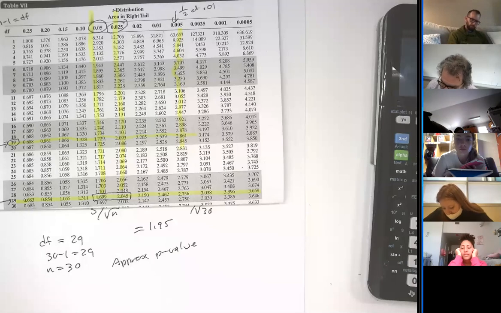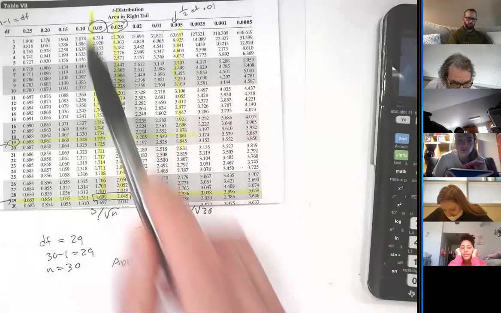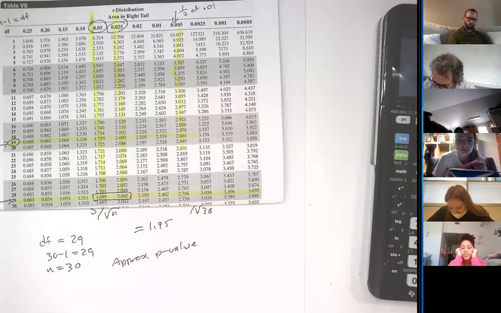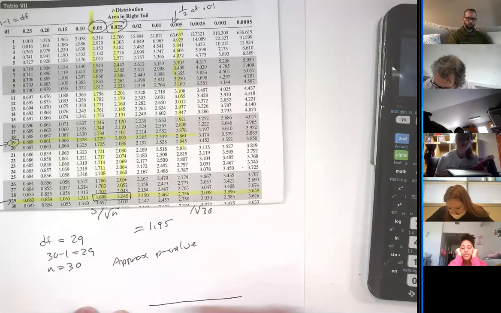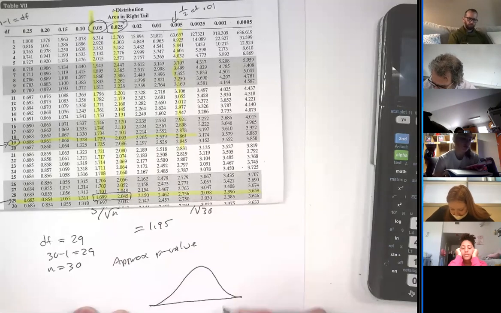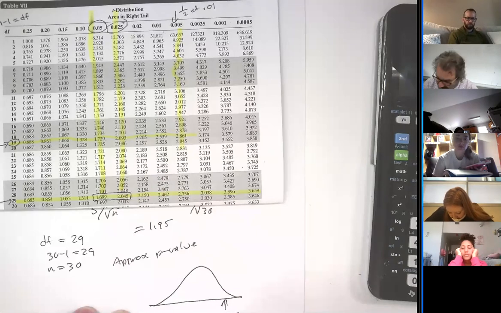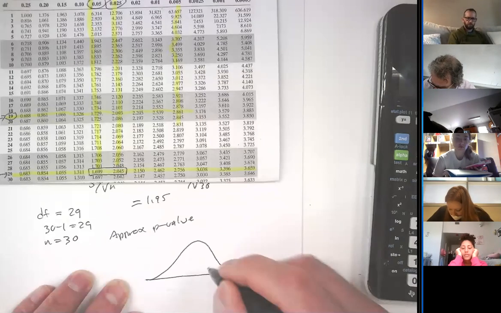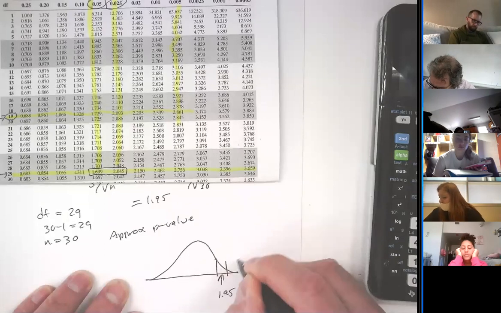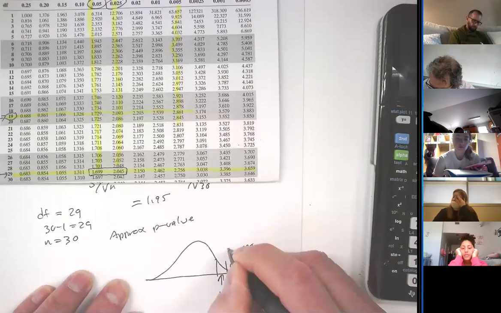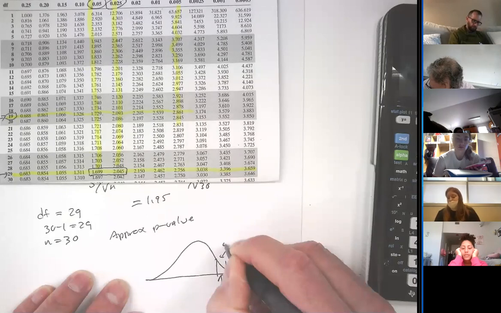Here's the story. The tail probability associated with our number. So we're thinking this. Here's t, okay? 1.95 is here. We found two tail probabilities here. One of them was 0.025, and one of them was 0.05.